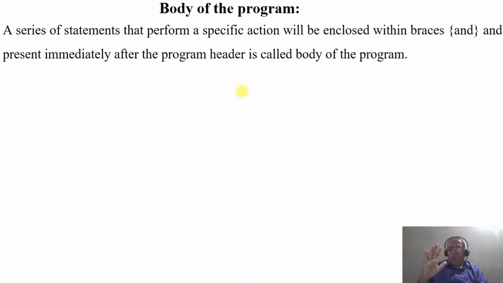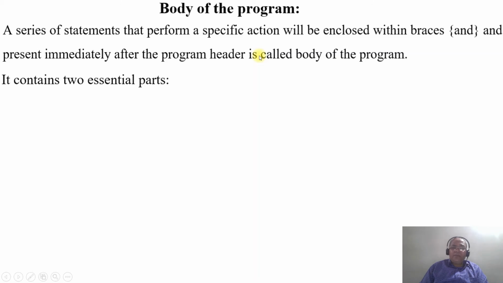But what you should know now at this juncture is, whenever you have a program header, that is the main function, below that main line you have an open brace, then you start writing the body of the program, and after completion of the body of the program, you just close it using the closing brace.